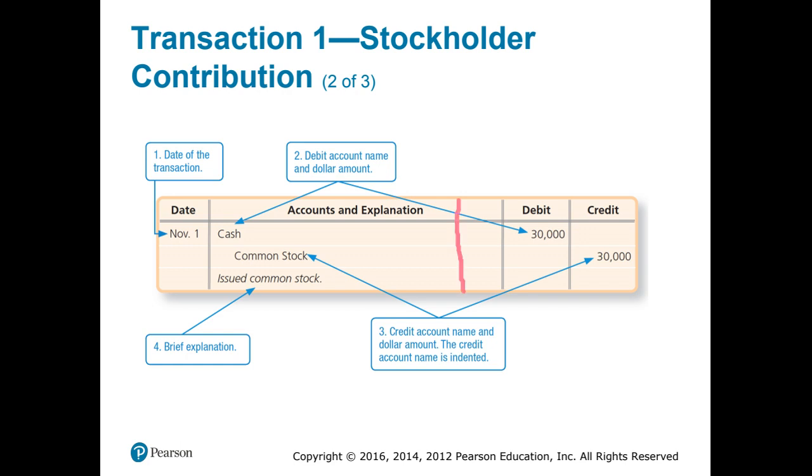So there would be a column here for posting reference, and you would put whatever that posting reference was. So if this transaction's posting reference was A, you would put A right there. It's going to only reference one scenario, so you would only put an A there. You don't have to put an A on the next line for common stock. You can just put it here in this first line.